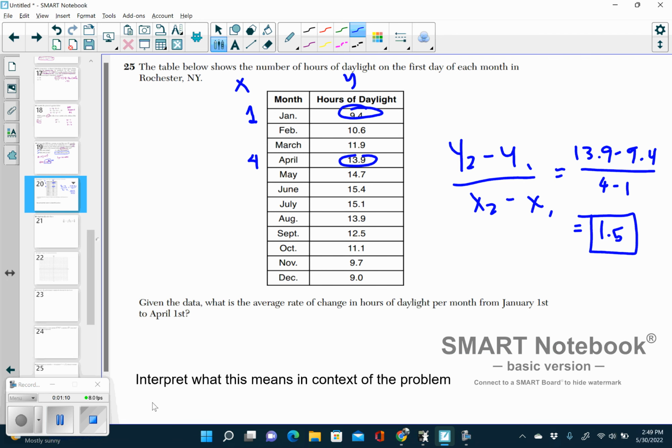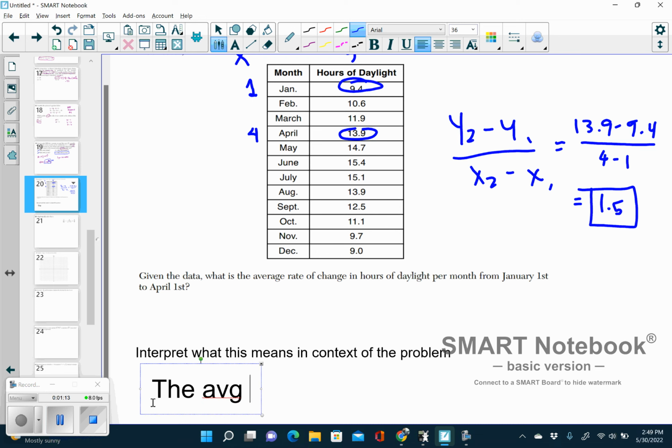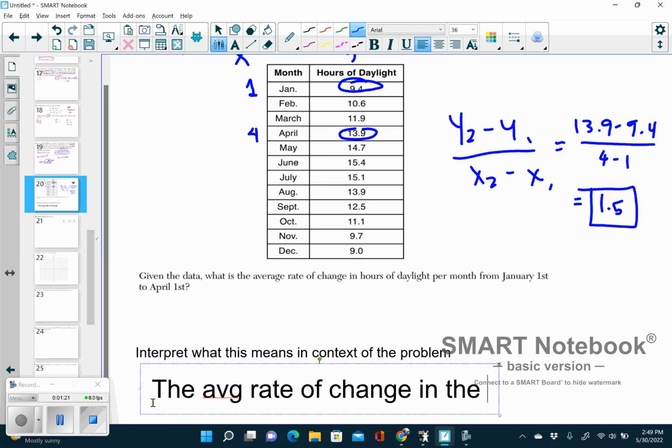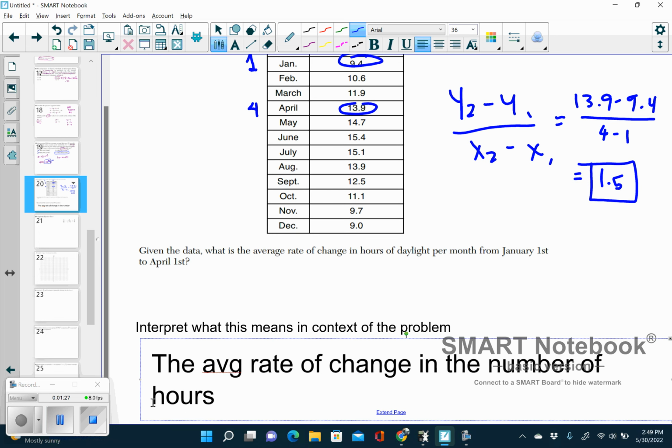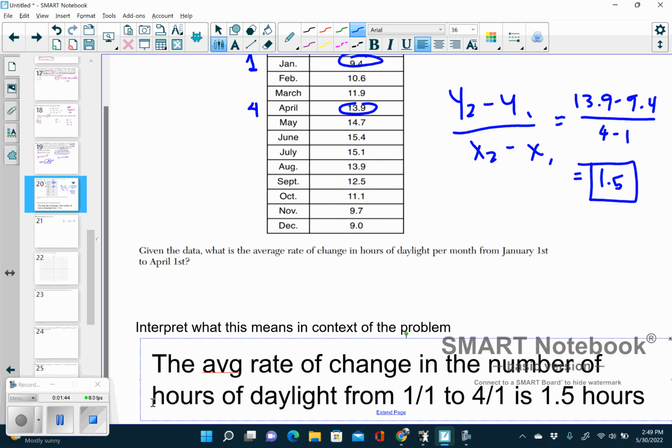So it means that the average rate of change in the number of, actually, hours of daylight from January 1st to April 1st is 1.5 hours. That's basically what you need to write. Something like that.